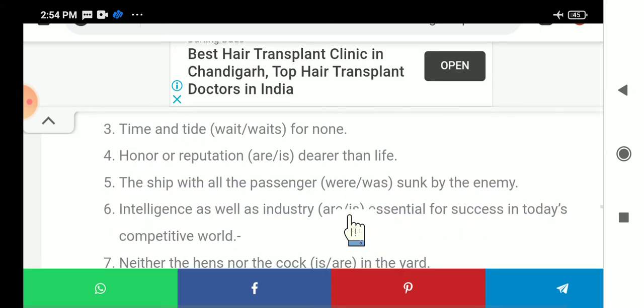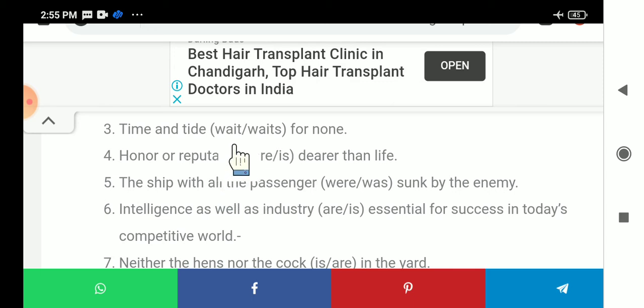Then question number 3. Time and tide, wait or waits for none. So is wait singular or plural? Wait is plural. Waits is singular. Understood? Don't get confused. Here, when s is added, it becomes singular.